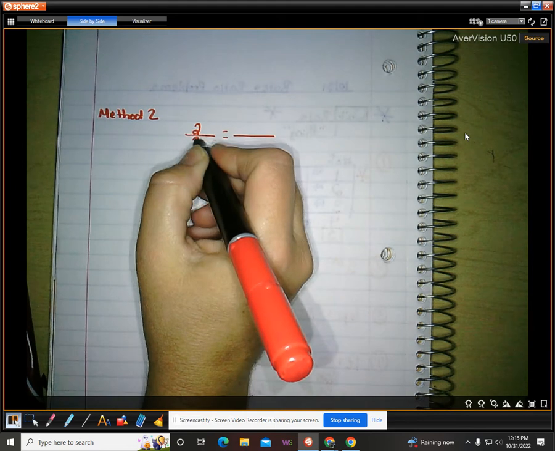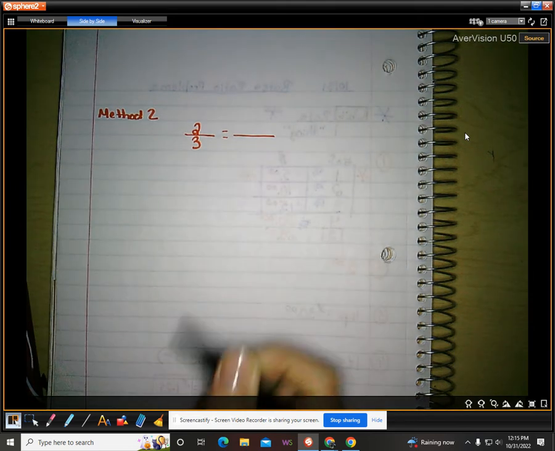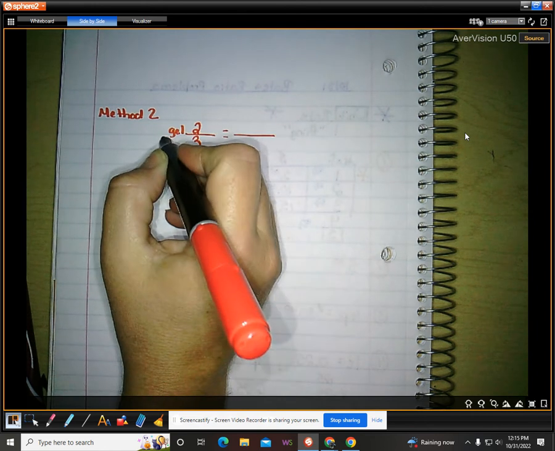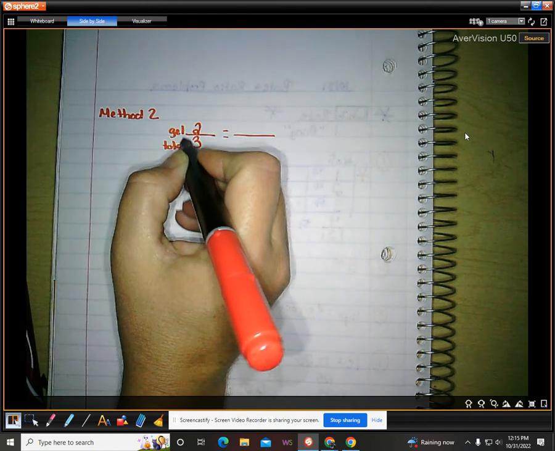Keep reading it. Next 3. Perfect. So 2 is the number that liked gel. 3 is the total number of students. This must be a really small class. Okay?